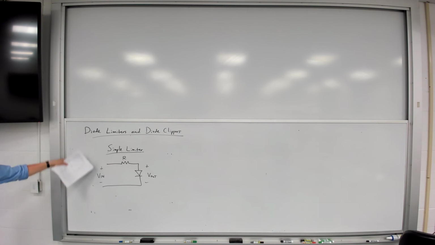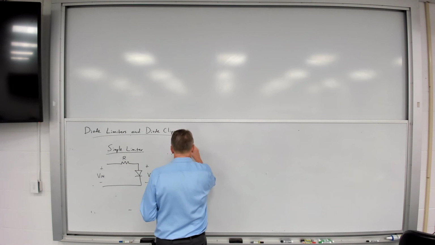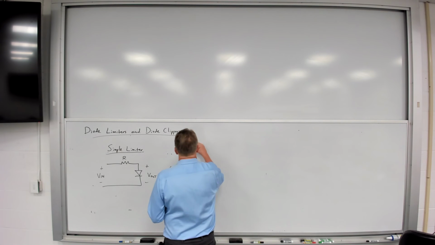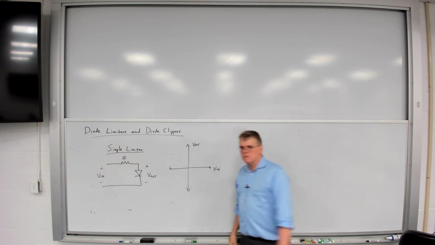Now, let me take Vin and sweep it over a range of input voltages. Let's plot Vout versus Vin.